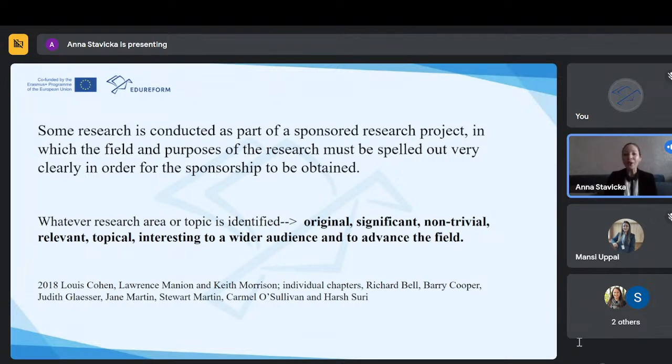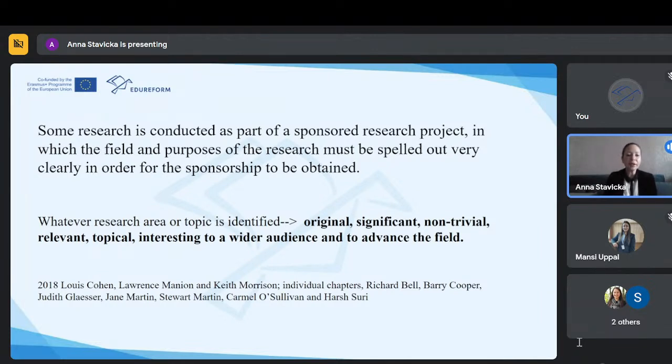For instance, when being involved in a reform project, I have chosen the topic which is relevant for them. So here I need to negotiate my provisional research with the sponsorship area.